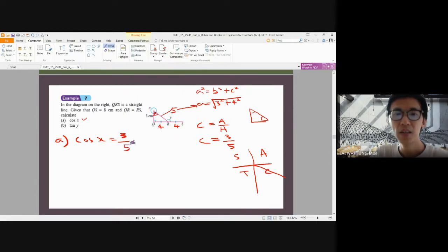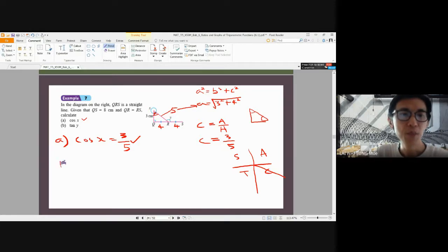We need to identify whether cos is positive or negative in the fourth quadrant, then only we give the final answer. So since x is in the fourth quadrant, cos is positive, then we'll write positive 3 over 5. So this is the answer for A. That's how we do.